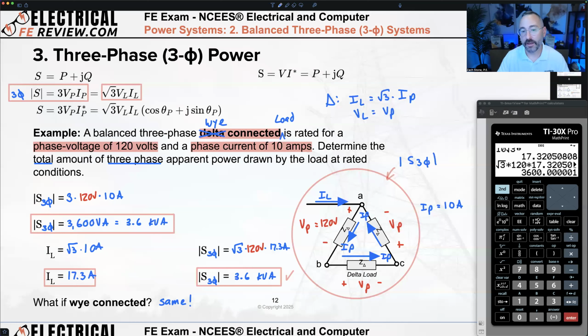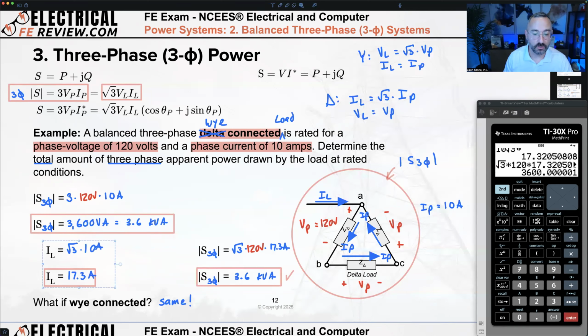Same formulas for line values. For a Y connection, the line voltage is bigger by square root of 3, but the line current is equal. So first of all, there'd be no change to this formula. 3 times phase voltage times phase current, we'd still get 3.6 kVA.